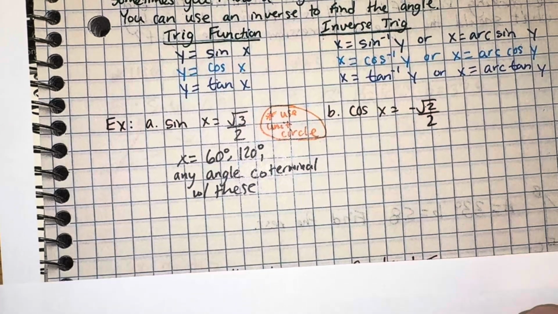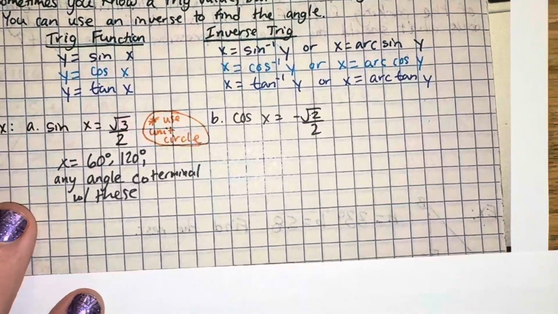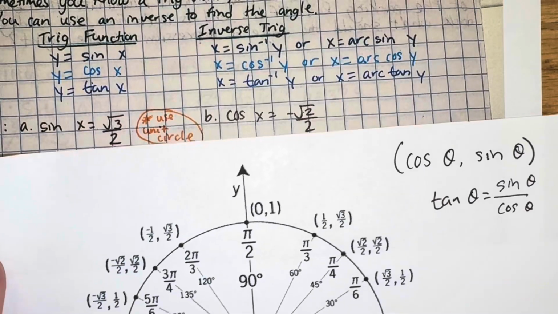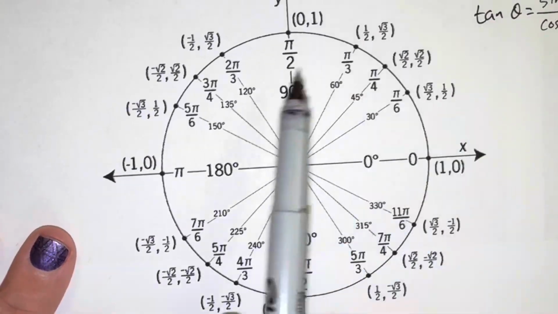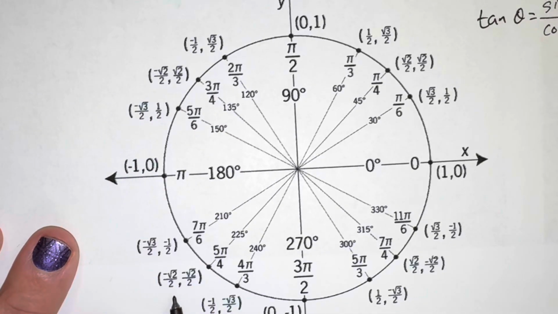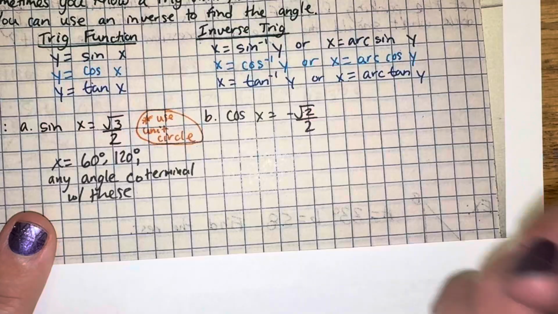That would also work. Okay, so I'm going to look right here at the cosine of -√2. Cosine's our first number, where our cosine is -√2. So that would be 135, or at 225.